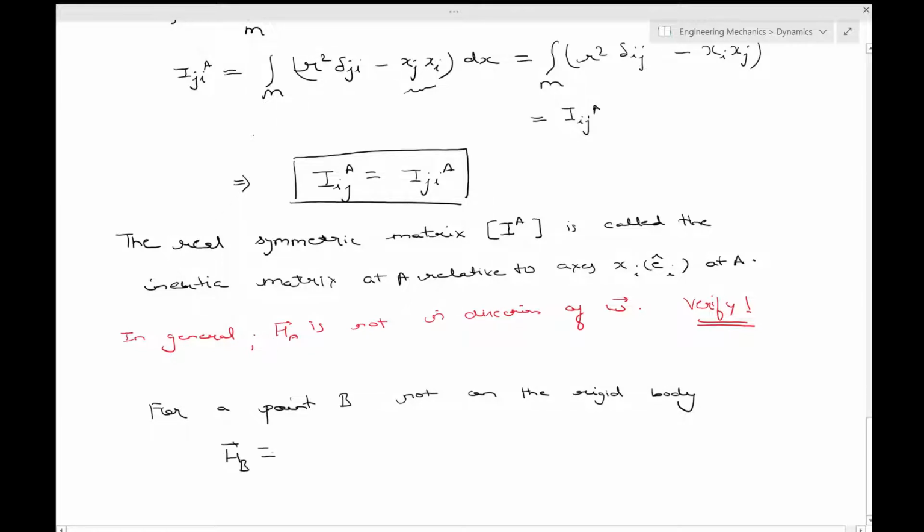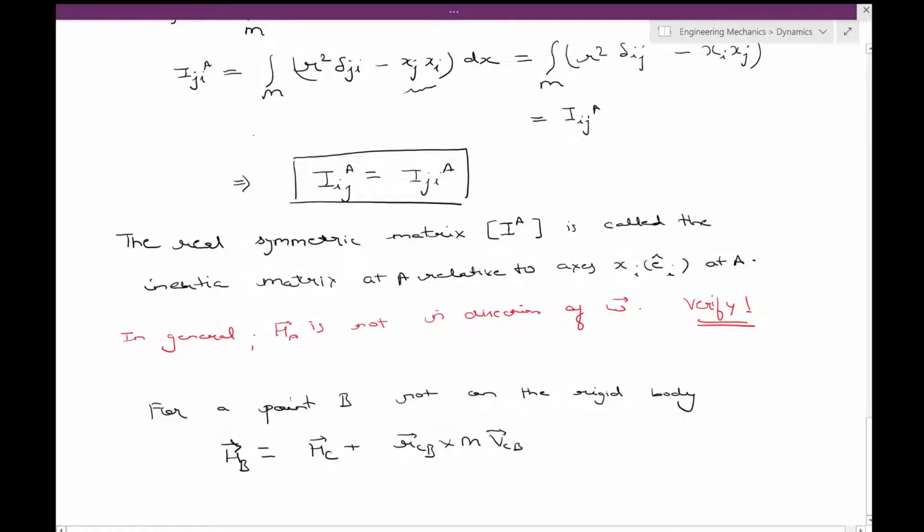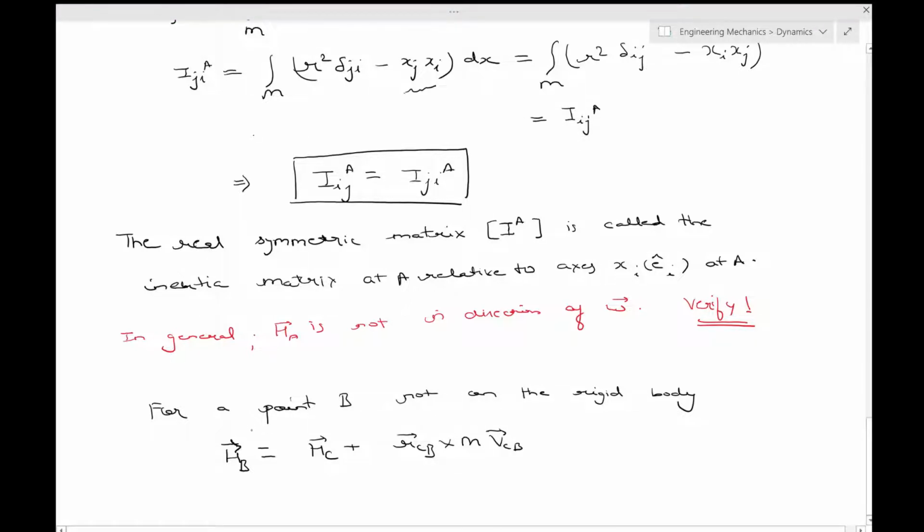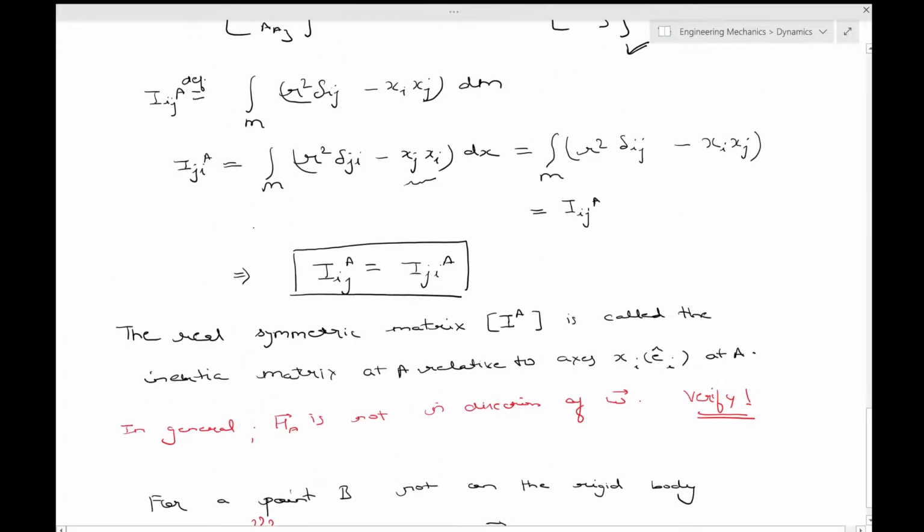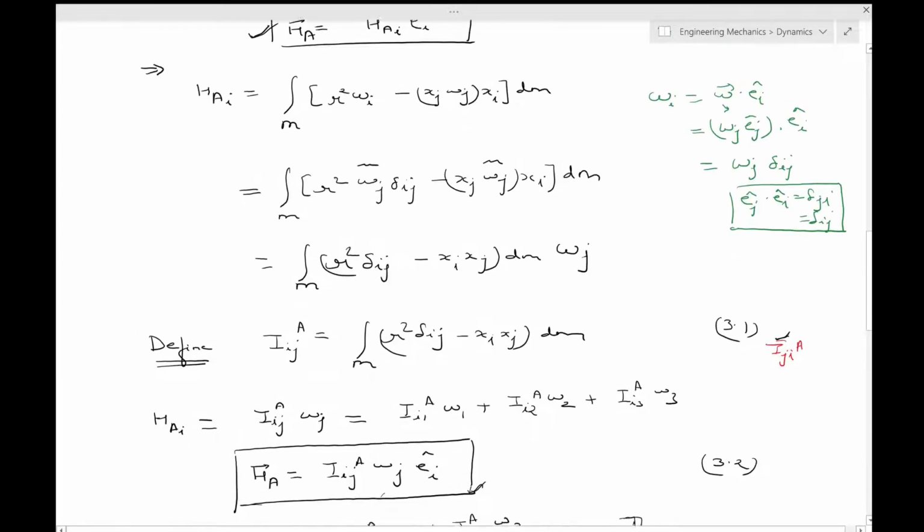This is something which you know already, we have done this several times. Even if you do not recall, please pause the video right away and go back and check why we can do this. That for a point B not on the rigid body, you can write it in this particular form.